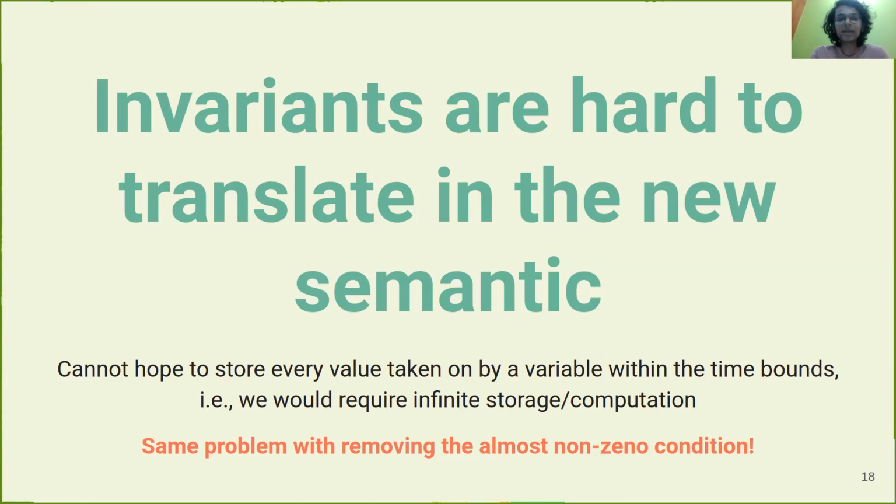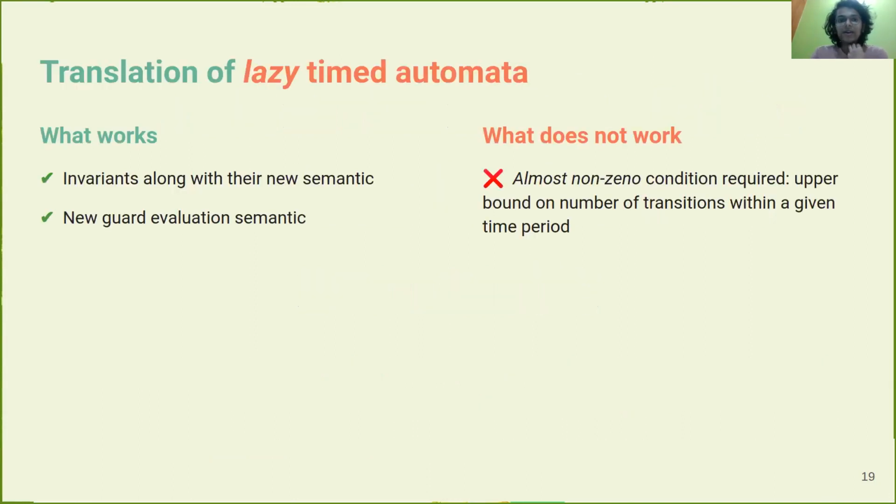And this is our main motivation to claim that a complete translation from a lazy hybrid automaton into a regular hybrid automaton is in fact impossible, although we have not proven this fact. Now, we also have another result of the translation of lazy timed automata.